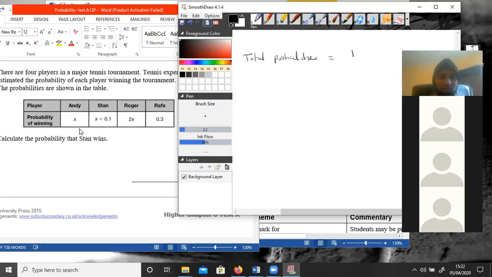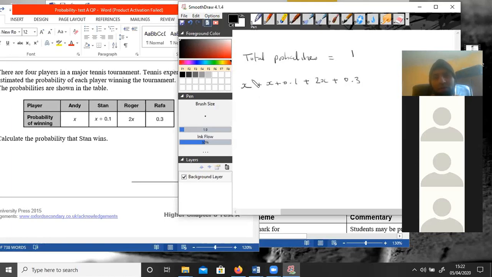1. Right? So Andy has a probability of x. Stan has a probability of x plus 0.1. Roger has a probability of 2x. And Rafa has a probability of 0.3.